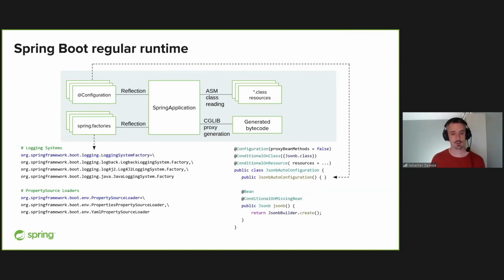We are now going to compare a regular Spring Boot runtime, like you do it today, to the Spring Boot runtime in AOT mode. So let's talk about how things work currently. You have your Spring application. In your main, you type SpringApplication.run, for example. And what happens at runtime is that the Spring factories file is read.